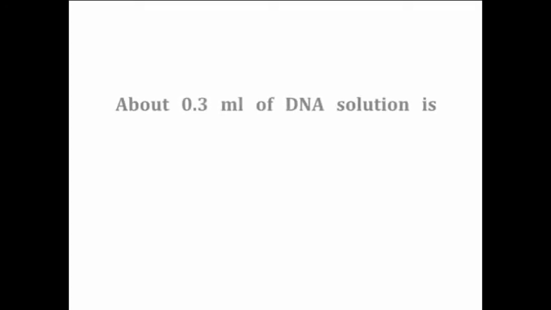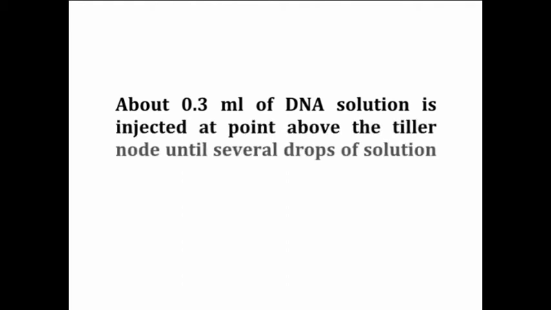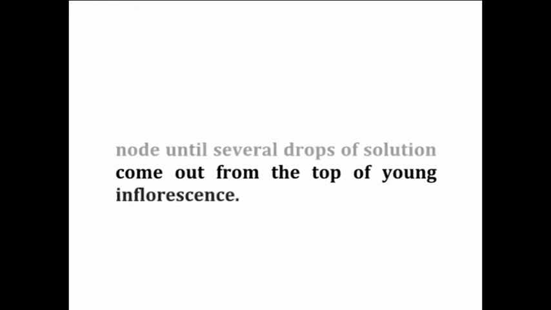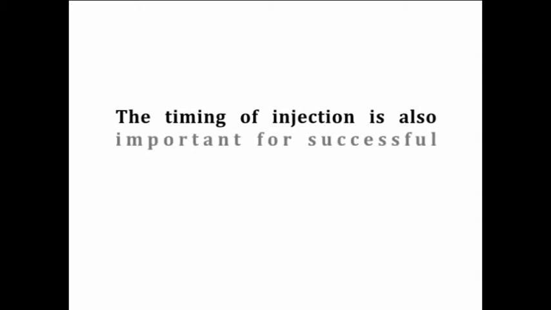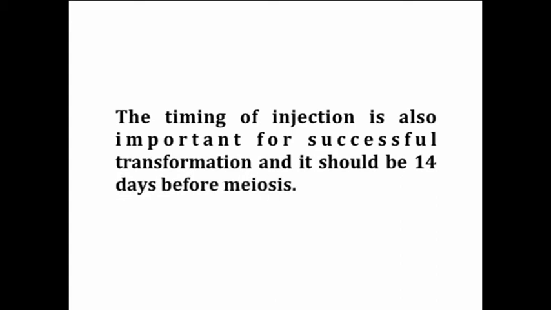About 0.3 ml of DNA solution is injected at a point above the tiller knot until several drops of solution come out from the top of the young inflorescence. The timing of injection is also important for successful transformation, and it should be 14 days before meiosis.